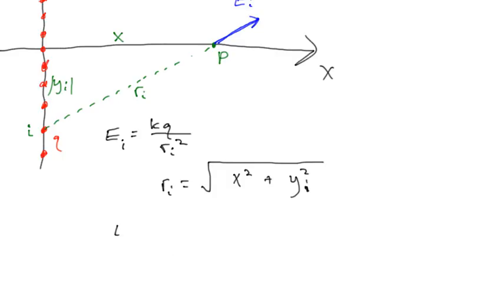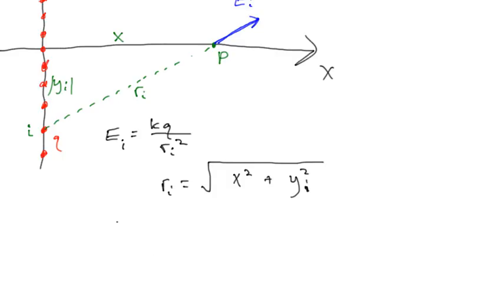So E sub I is, I think I'll leave it like that. So to get E sub I, I have to calculate what r sub I is on the computer, and then I have to plug that in there.